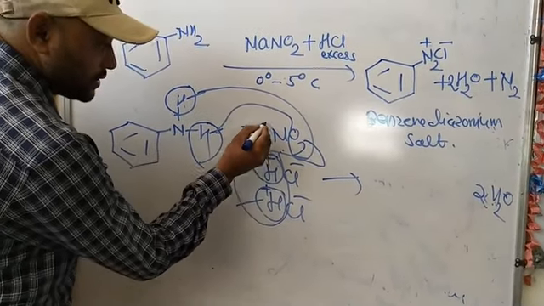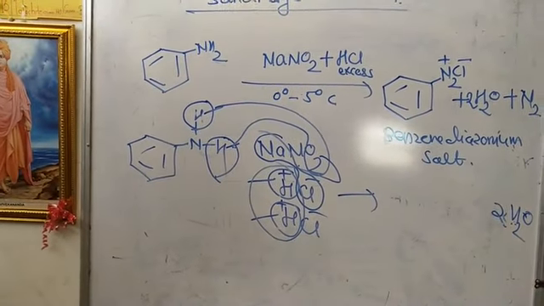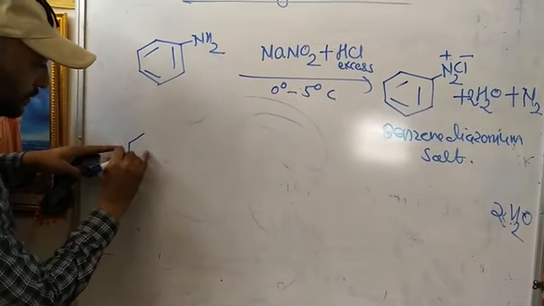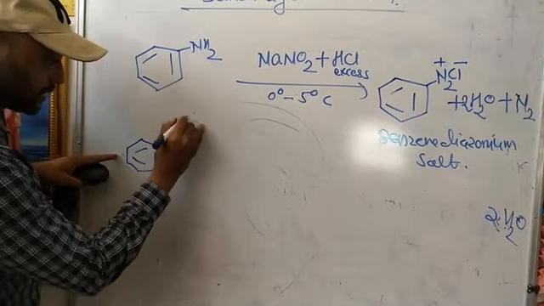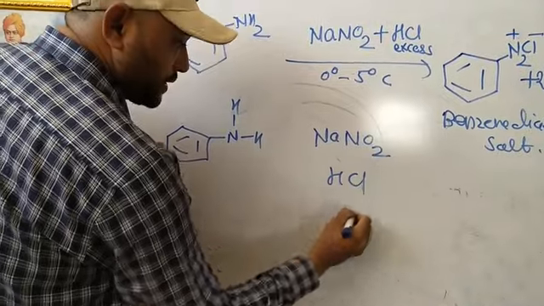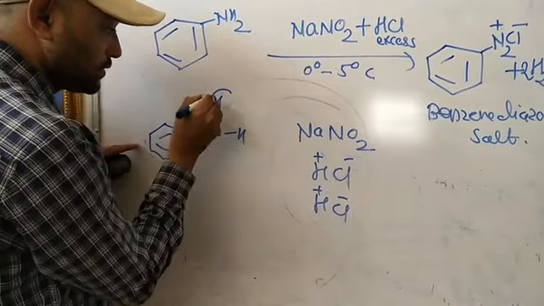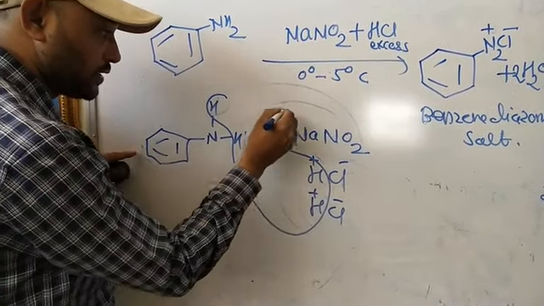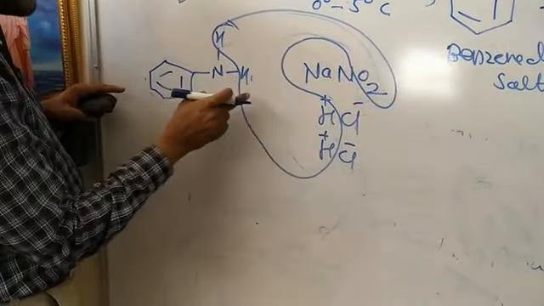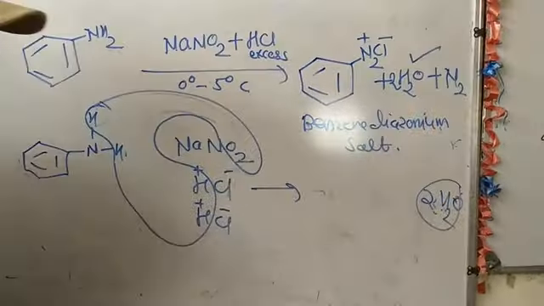Now this sodium combines with the chlorine. Look at NH2, NaNO2, HCl: the 4 hydrogens combine with oxygen forming 2 H2O, already written here.